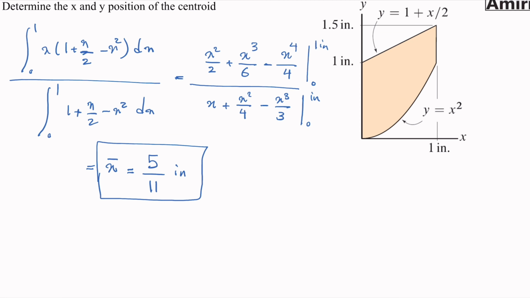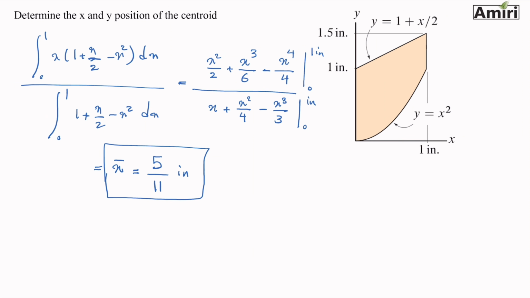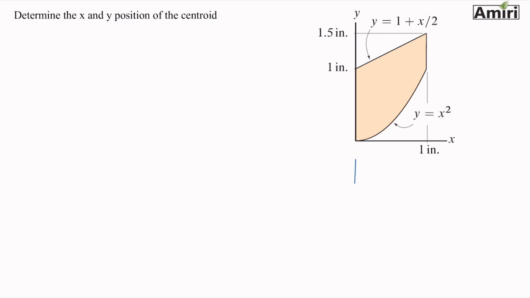For the y, I am going to use the same element of area. So redrawing this quick. I'm going to use the same element. You can go with the horizontal element too.